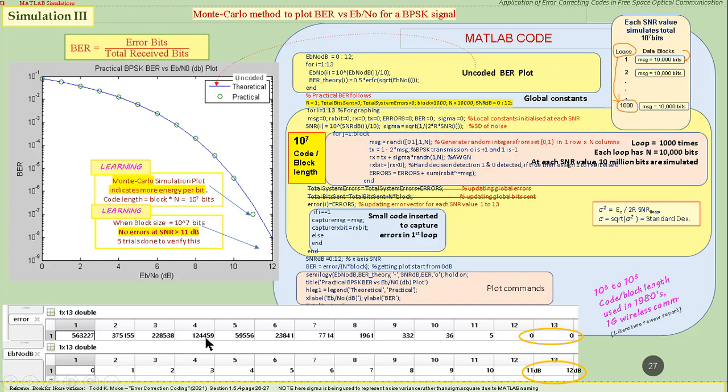So after generating this database, I sketch this plot, and this plot is showing that the previous simulation of complementary error function prediction of bit error rate is the same, and my Monte Carlo simulation is giving the same result, except here there is a little difference.